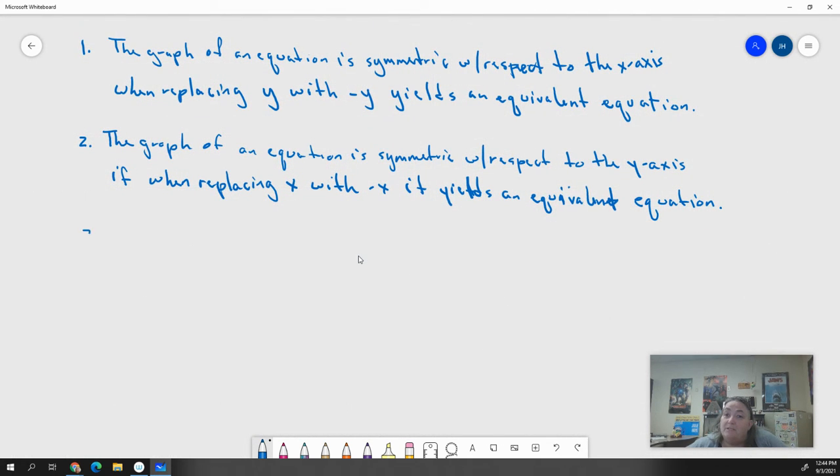Last but not least, what do you suppose that I am replacing? First time I replaced y with negative y. The next one I replace x with negative x. And this one, we're going to replace both of them, right? We'll replace x and y with negative x and negative y for the origin, right? I just want to kind of go ditto on all of this and not have to write it again.